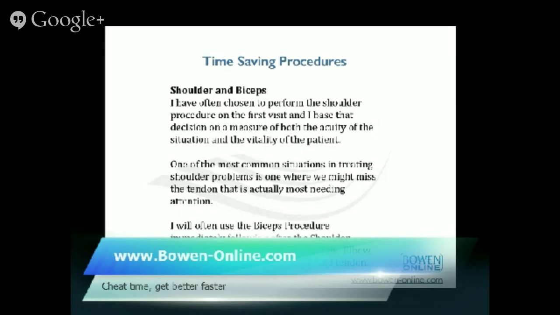So there is a procedure that I will do that addresses those tendons that are very likely injured in a shoulder procedure, especially when you assess for the north procedure and it is showing that it's needing to be done. So move one over the mid-deltoid is the move one of the elbow procedure.